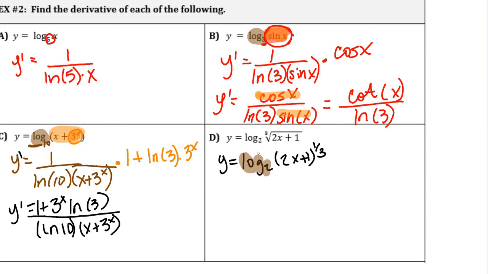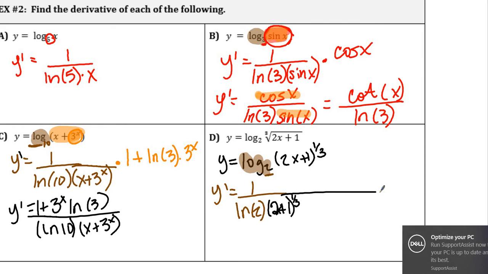Remember, we're going to do that by 1 over the natural log of 2, times the original one, so 2x plus 1 raised to the power of 1/3.